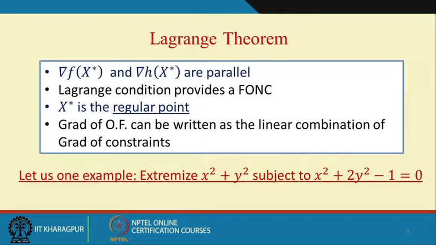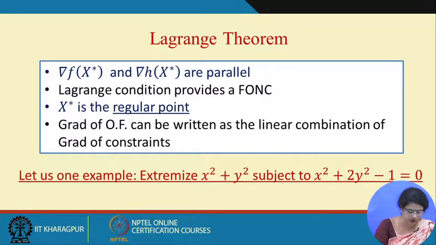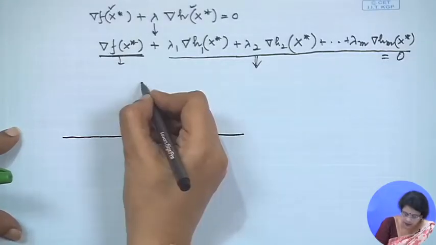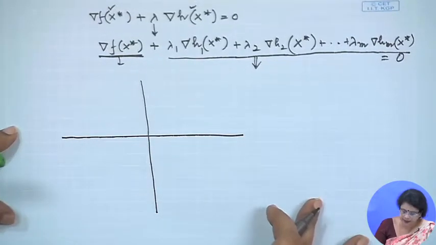Extremize x square plus y square subject to x square plus 2y square minus 1 equal to 0. What you could see is that the objective function is a circle and the constraint is an ellipse. Let us try to see what could be the solution for this problem. Now, this is the x and y space.